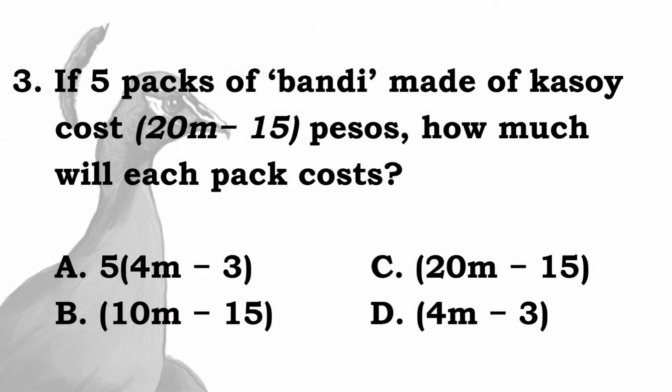Number 3. If 5 packs of mandi made of kasoy cost 20M minus 15 pesos, how much will each pack cost? A. 5 times the quantity of 4M minus 3. B. 10M minus 15.